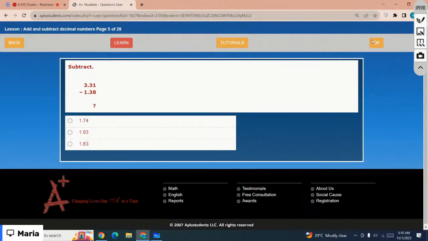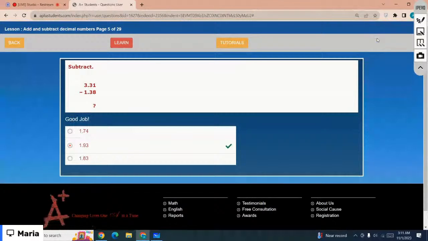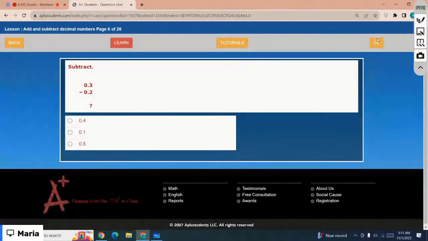Okay, the next one is 3.31 minus 1.38, which is the correct option? The correct option is 1.93. Okay, the next one is 0.3 subtract 0.2.